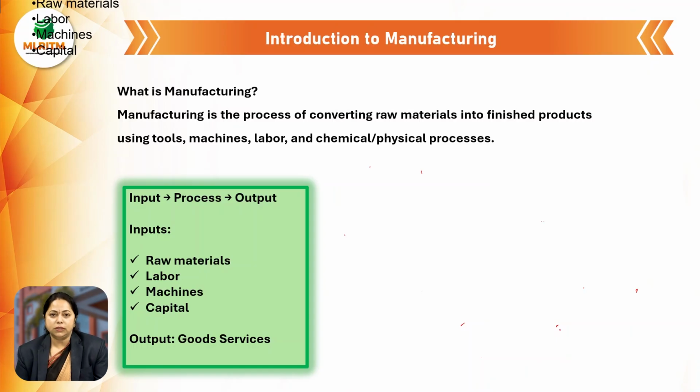So what inputs, as I discussed earlier, it can be a raw material or a labor or a machine or a capital and some methodology. So in simple terms, the definition of manufacturing is that we are converting a raw material into a finished good by utilizing all the five M's.